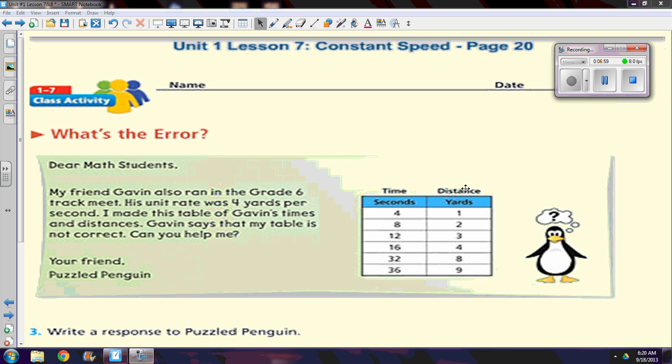So here's the table. It has time and distance, seconds and yards, and it said that he ran at 4 yards per second. Now the table has 1 yard, 4 seconds. 2 yards, 8 seconds. 3 yards, 12 seconds. But Gavin claims that the table is not correct. What would you write back to the puzzled penguin?